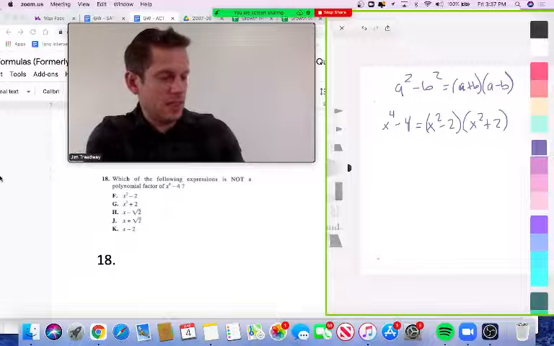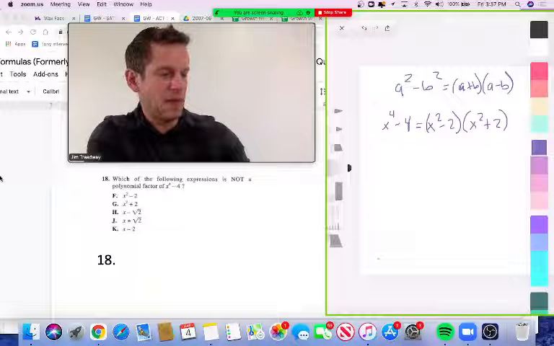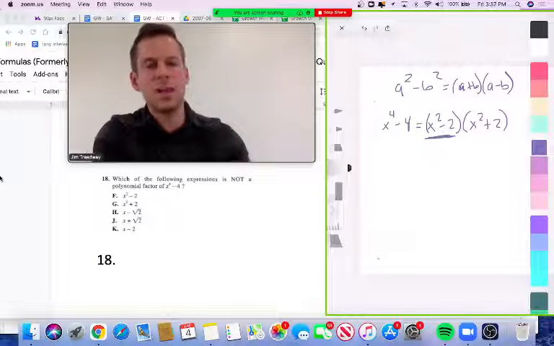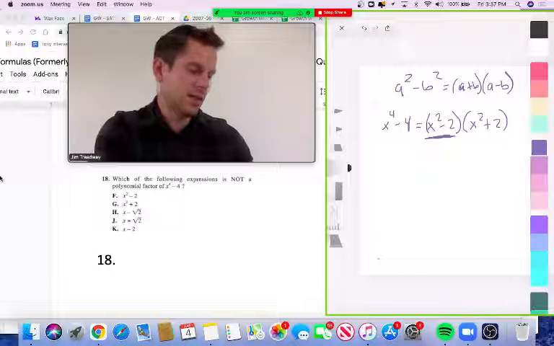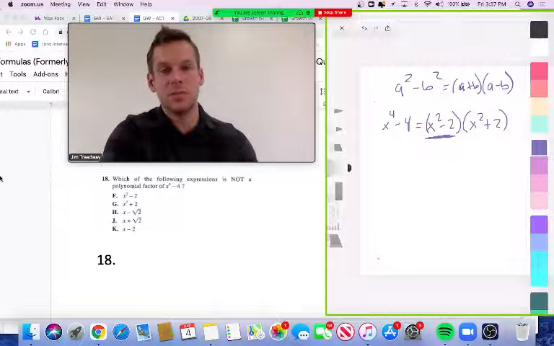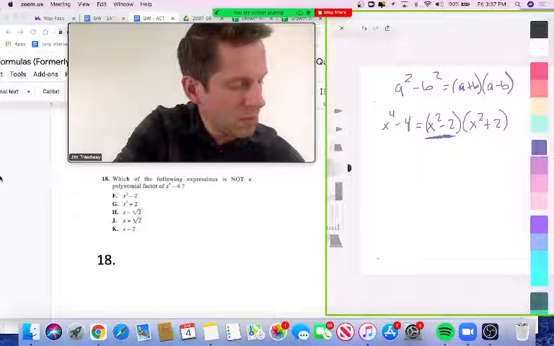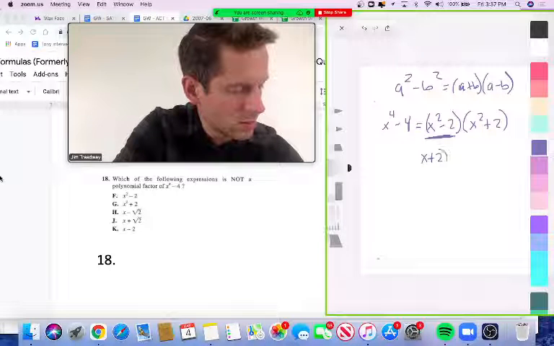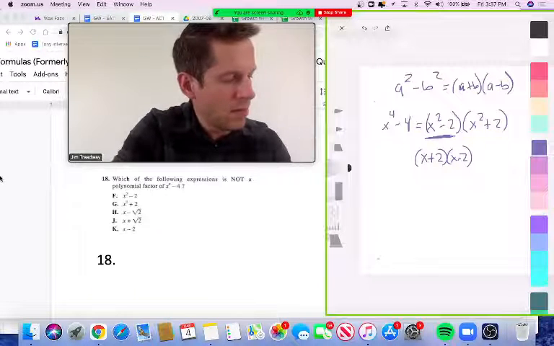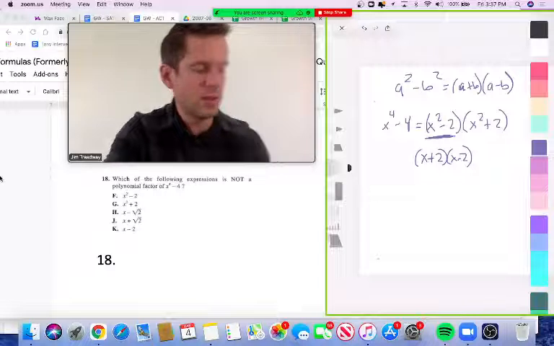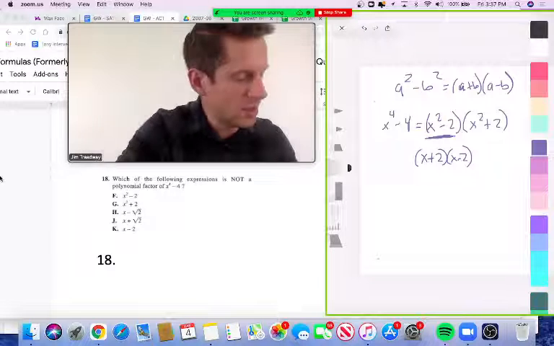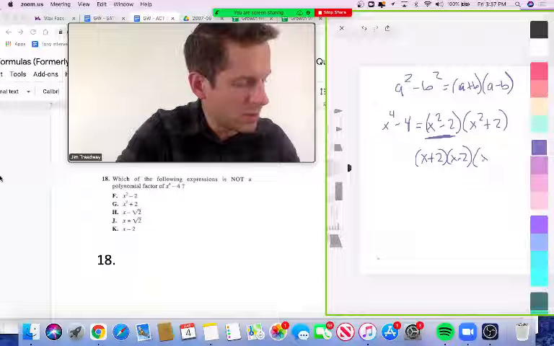And technically, the first part is still a difference of two squares because x squared is obviously a square, but 2 is the square of the square root of 2. So you could rewrite that bit as x plus 2 times x minus 2. But we can't rewrite x squared plus 2. It's only the difference of two squares that gets written. So we keep that x squared plus 2 over there.